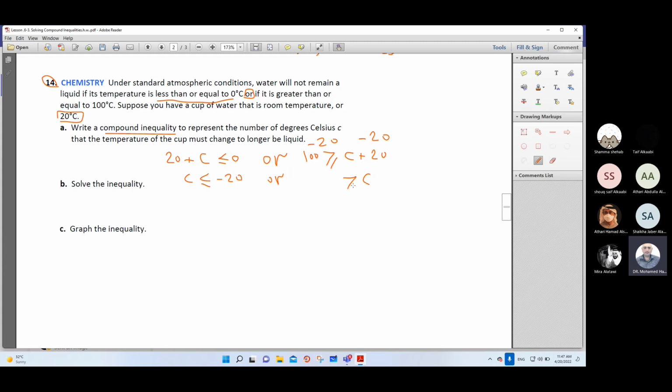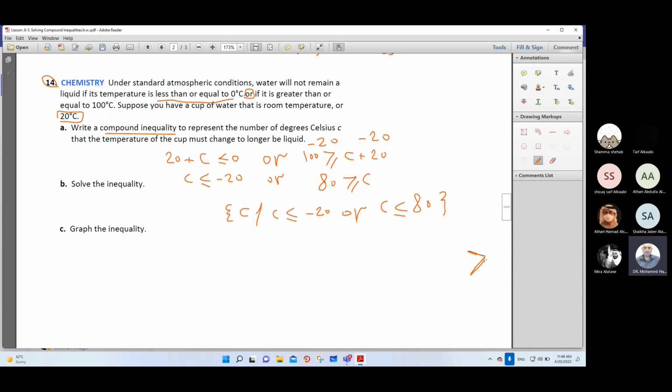So C less than or equal to 100 minus 20, which is 80. Then the solution set is C less than or equal to negative 20, or C less than or equal to 80.